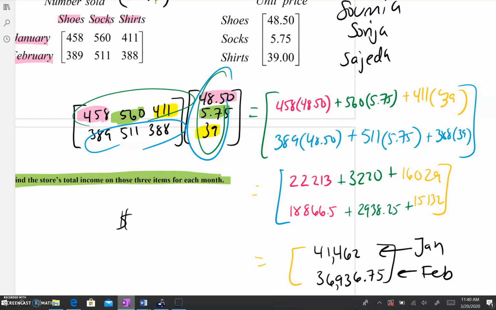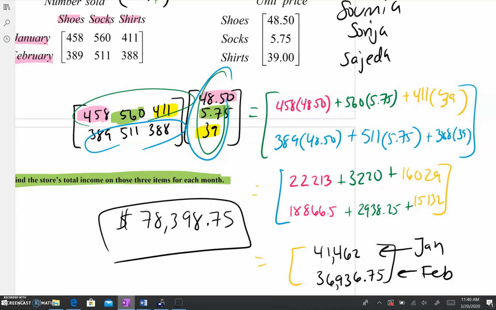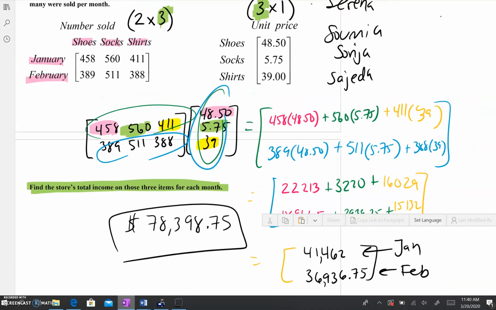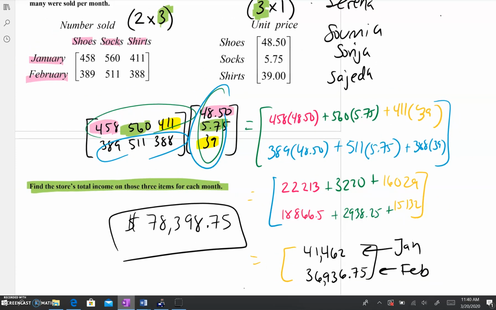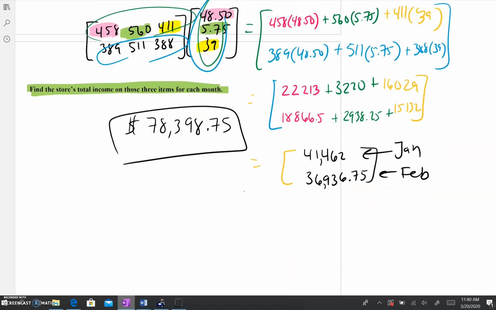So it looks like the total for the 2 months is about $78,398. So that's a nice example of when we can use matrices to represent something other than just plain numbers that are random. This is one example. You guys have already seen how matrices can be used to represent a system of equations. They're not always used to represent a system of equations, just sometimes.